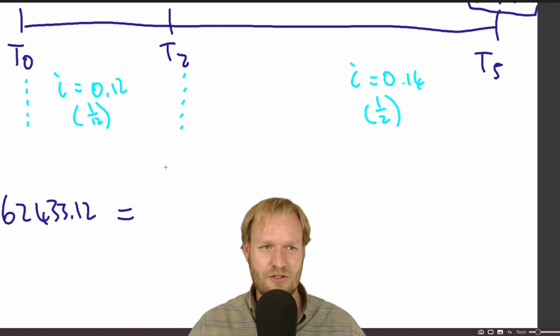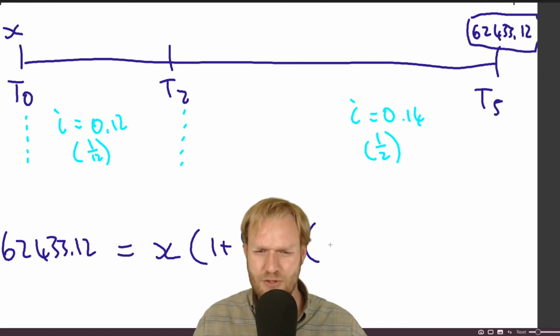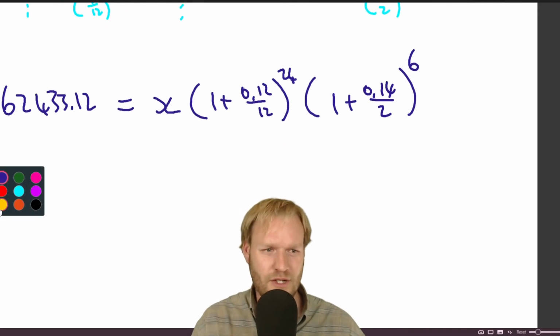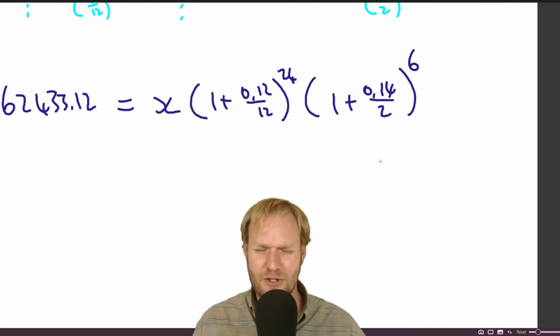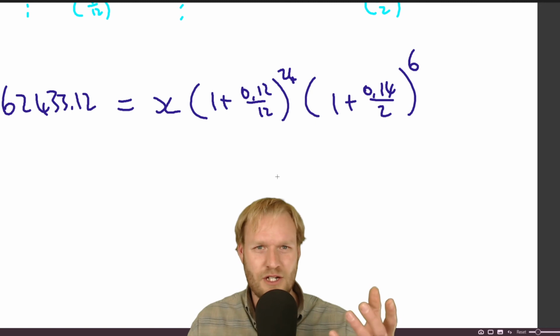We invested it at first at 0.12 for 2 years, and then that kept on going at 1 plus 0.14 over 2 for 3 years, so 6 periods. So all we need to do to solve this equation, think through what you need to do to solve it.